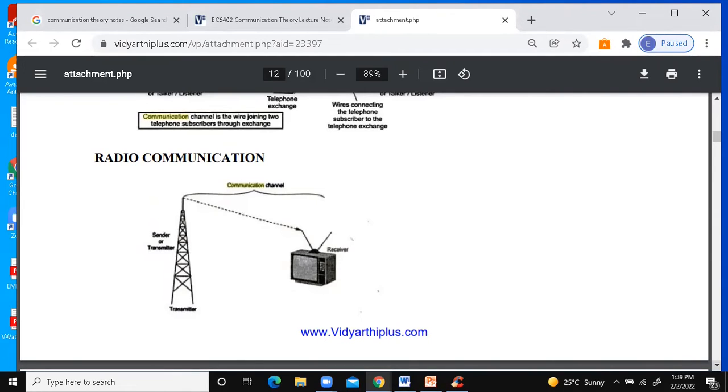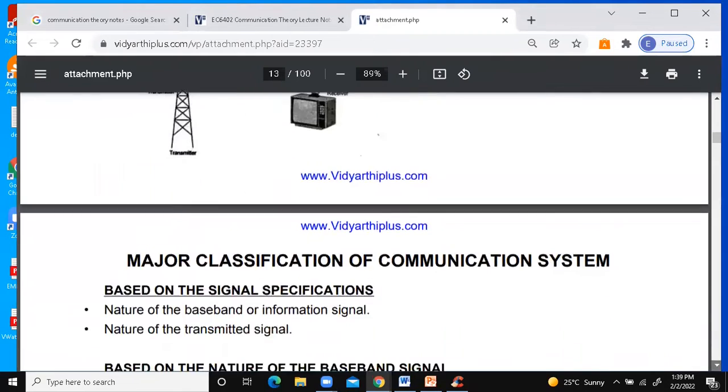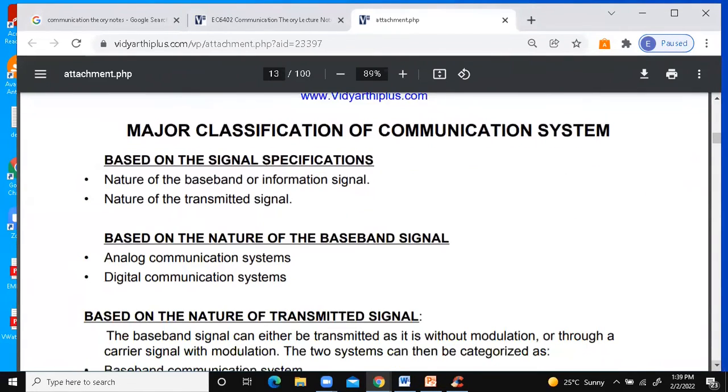That means you're not just going to throw it up and it gets there. So we classify these systems.